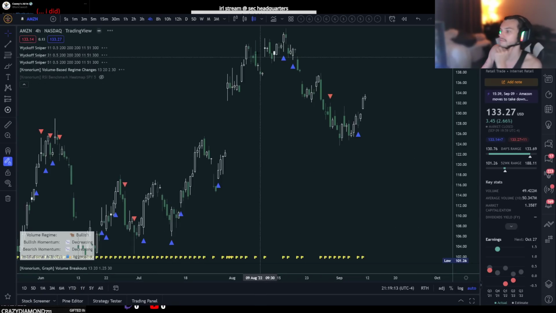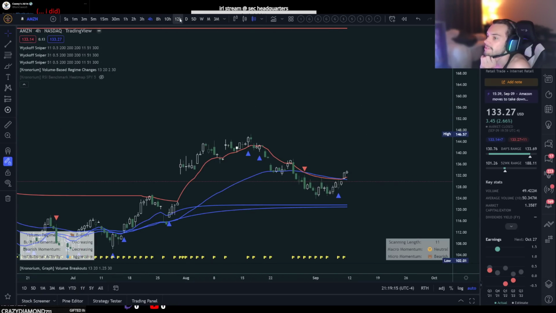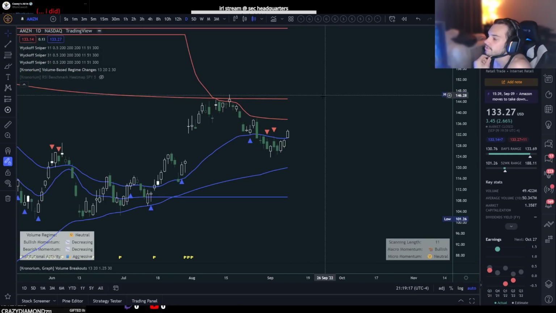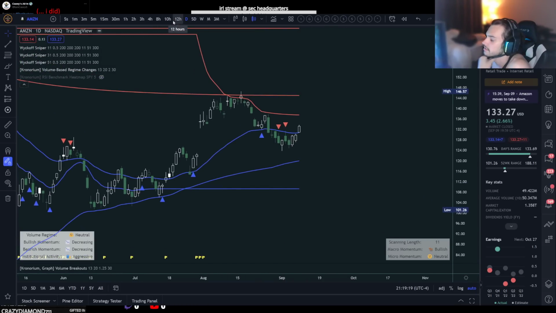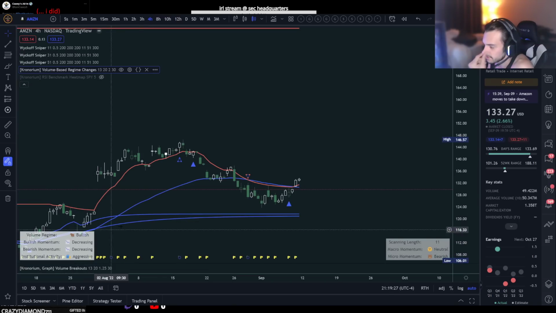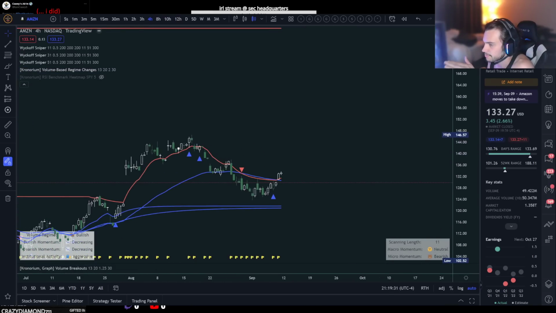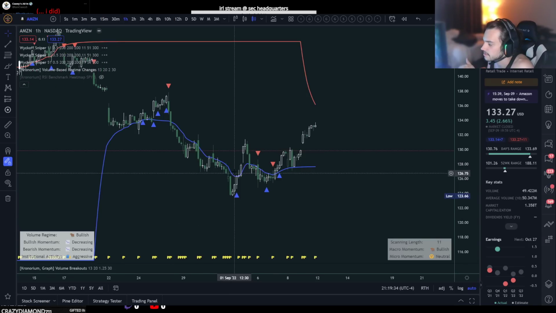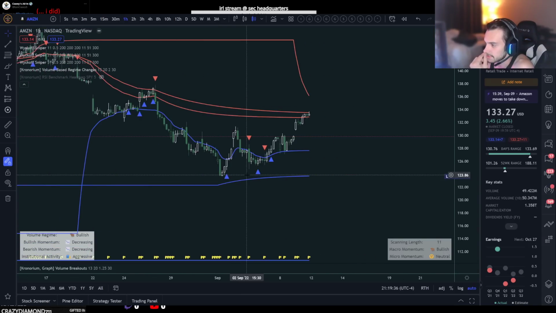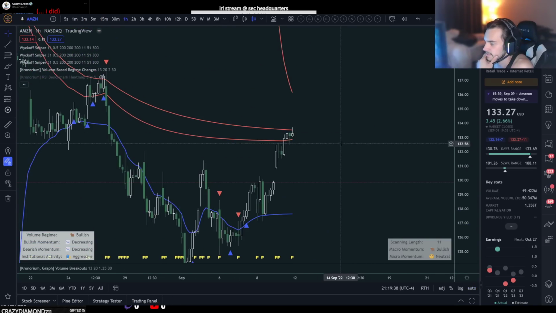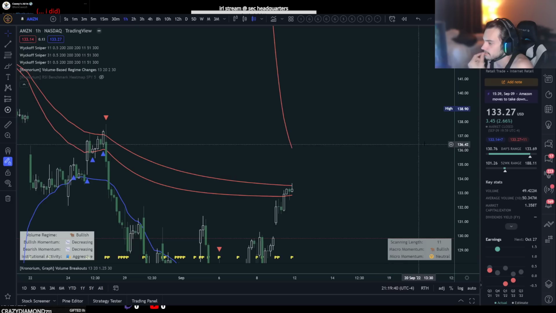Amazon. Amazon's about to do some pretty cool stuff, it looks like. The daily's starting to flip bullish. And right now the volume regime is indecisive. But on the 4 hour, we're getting bullish on volume and neutral / bearish on price. The 1 hour is flipping bullish though. Looks like it's about to squeeze through distribution.